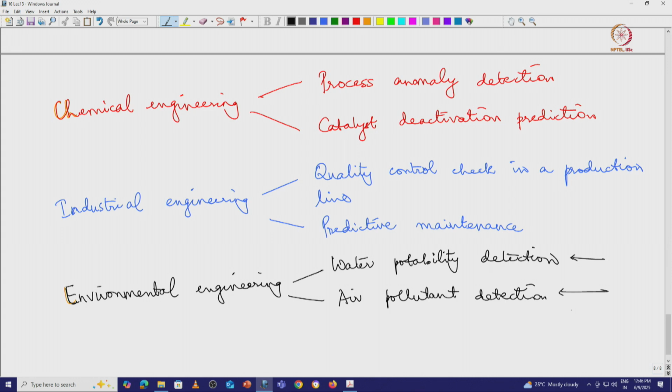Alright, so this brings me to the end of this particular lecture in this course. I hope you got a good feel of the receiver operating characteristic used to understand the performance of a binary classification model, and how the area under the curve allows you to understand the performance of the binary classifier.